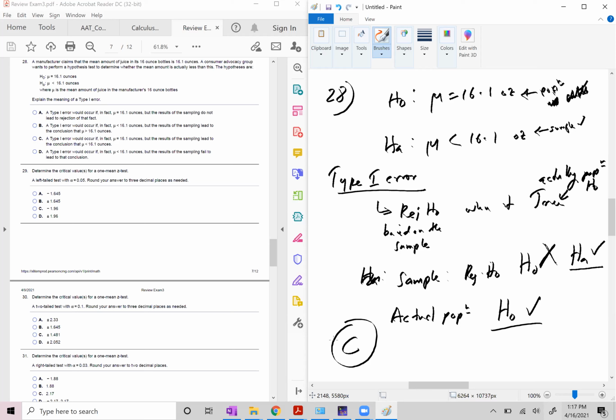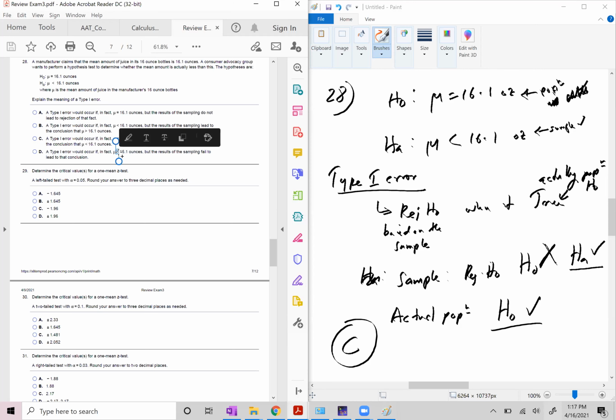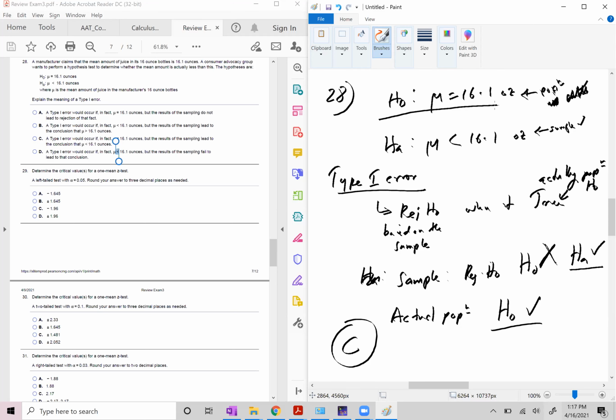D is wrong because this population mu less than 16.1 ounces is wrong. In the population, this is what's going on. From the sample, we say this is correct. So that's the error, that's called the type 1 error, and it is nicely mentioned in C. So the answer for 28 is C.